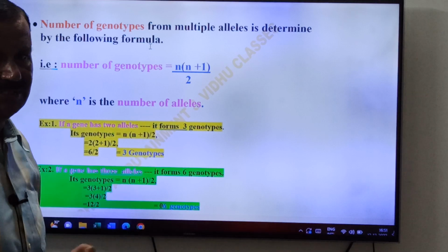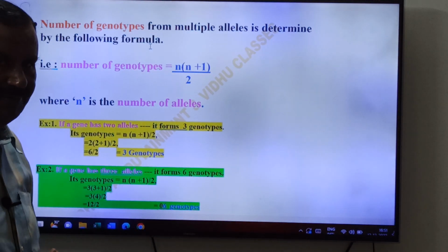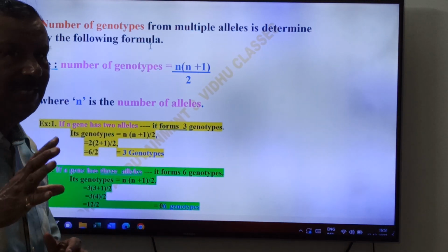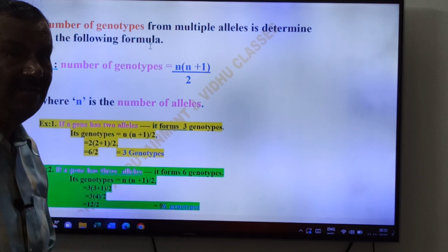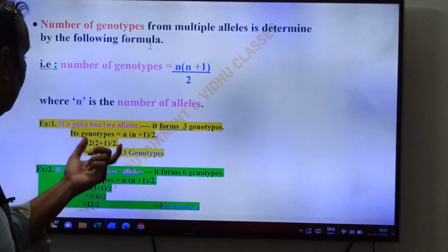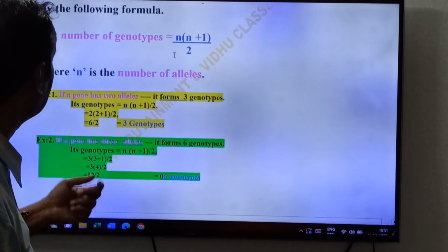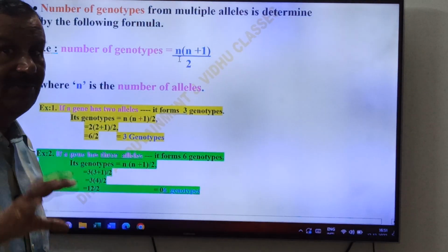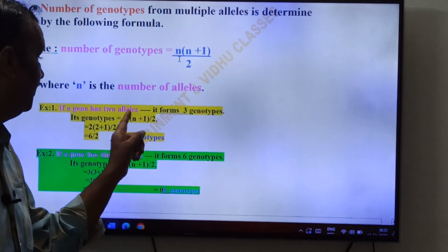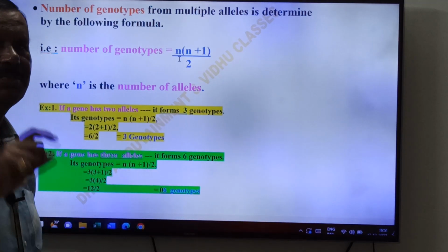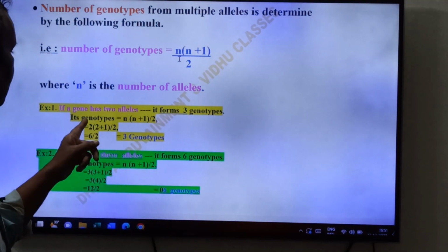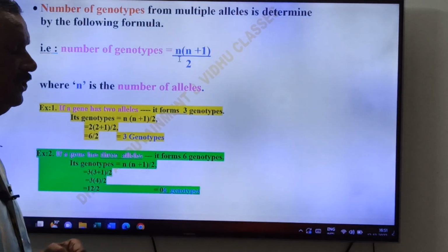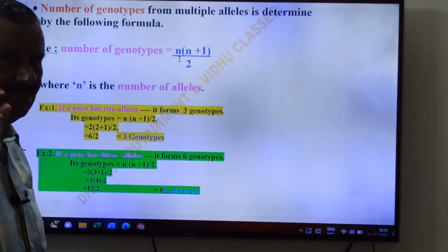Here you have to remember, friends. n అనేది ఏంటి, friends? How many alleles are there? n is equal to the number of alleles. Now see friends, here I have given one example. In example 1, if a gene has two alleles, it forms three genotypes. Its number of genotypes is n(n+1)/2.